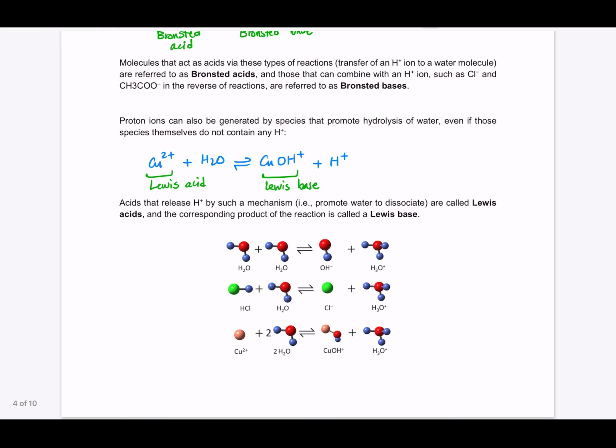So to summarize what we talked about, water hydrolysis is always the core. So this would be water dissociation, water hydrolysis. Those are basically different terms we use, or dissociation, let's call it.